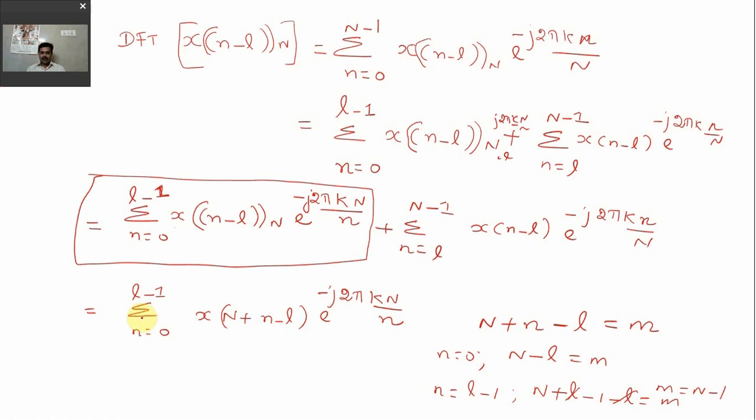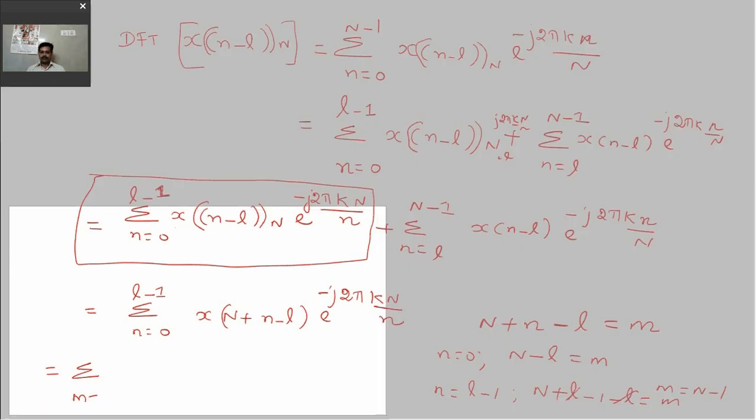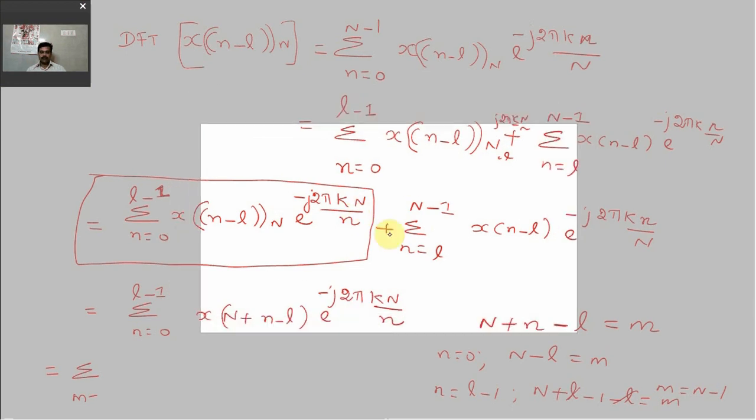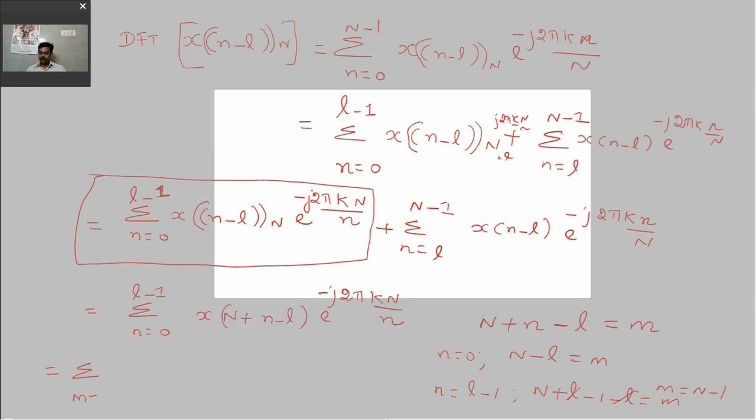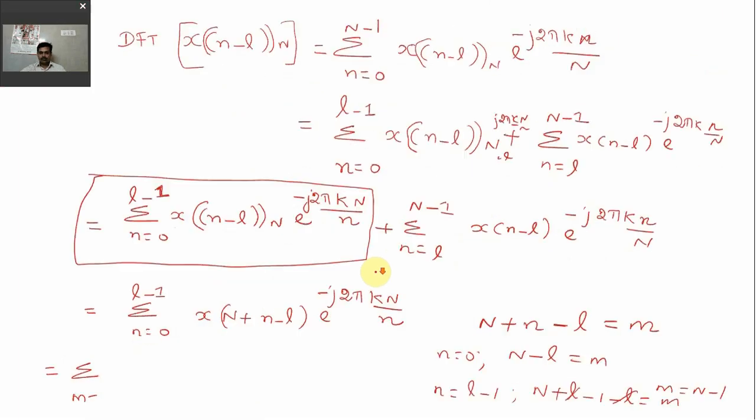So here your limit gets varied. The limit will become m equal to N minus L to N minus 1. So the limit 0 to L minus 1 has changed to N minus L to N minus 1.